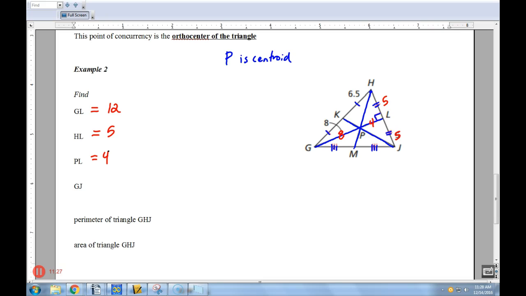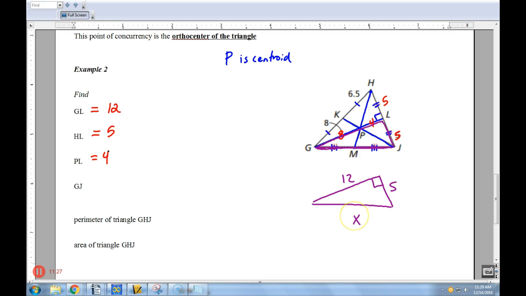Alright, so now trying to figure out G to J. I think I'm going to have to use a little Pythagorean theorem here. GJ is this line right here. And looking at what I have so far, I believe I have a right triangle. I'm going to blow that up. So I have a leg of 5 and a leg of 12.